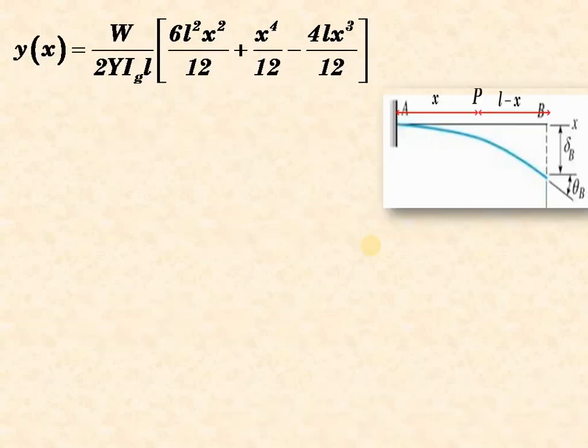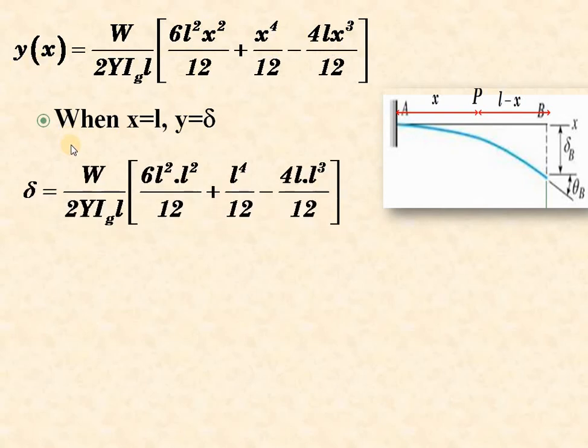When you add it, all denominators are common. Further, you must take care that this is a general expression, and when x becomes L, the expression y will become delta. We put x is equal to L here, and y is equal to delta. So what happens?